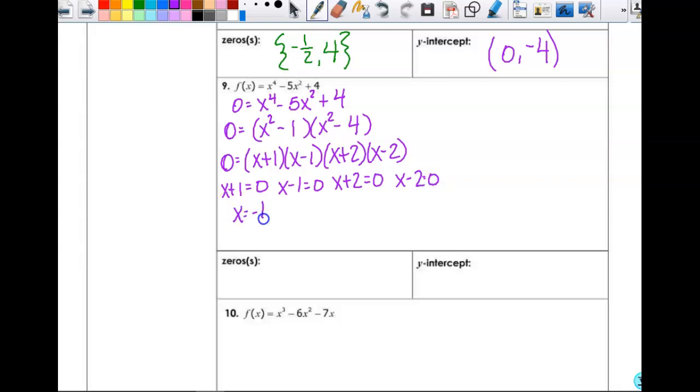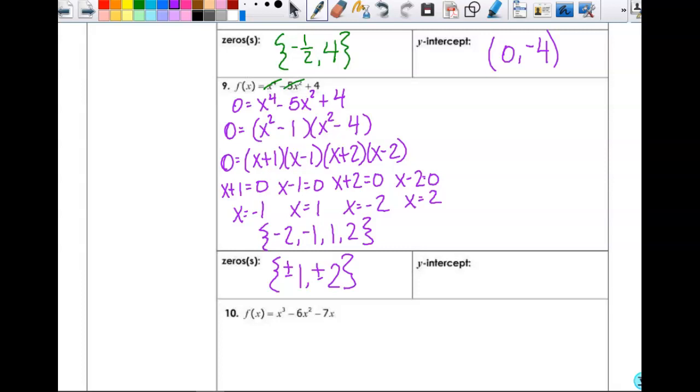So x equals -1, x equals 1, x equals -2, x equals 2. So I have 4 zeros. One way to write this is I could go from least to greatest and go -2, -1, 1, 2. But a better way to write this, since I have a -2 and a +2 and a -1 and a +1, is plus or minus 1, plus or minus 2.